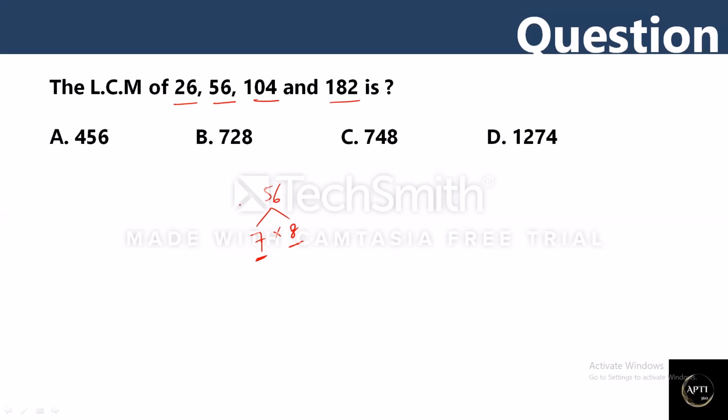Rather than checking all the numbers 26, 56, 104 and 182, it's better to check with 8. Take 456 divided by 8: 8 fives are 40, and 56 is 8 sevens.